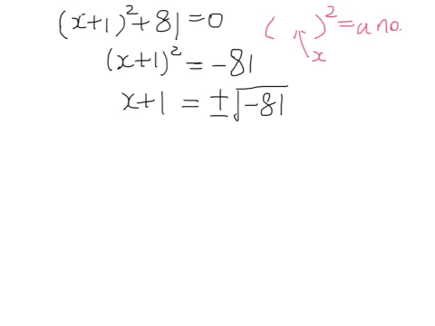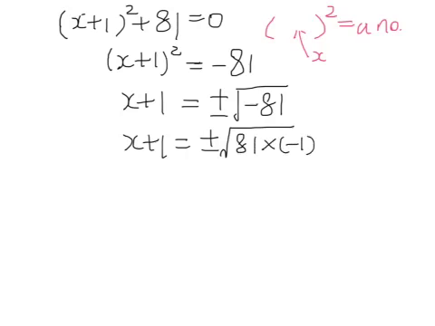So x plus 1 equals plus or minus the square root of 81 times negative 1, right? And so we get 9i.